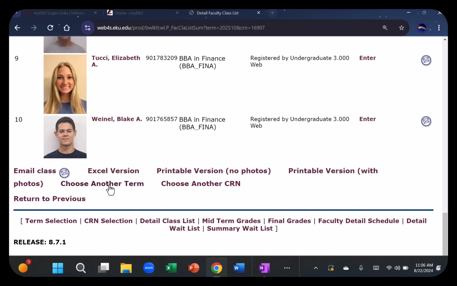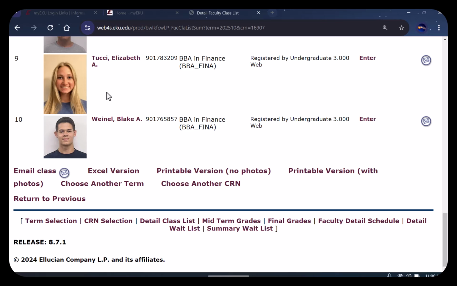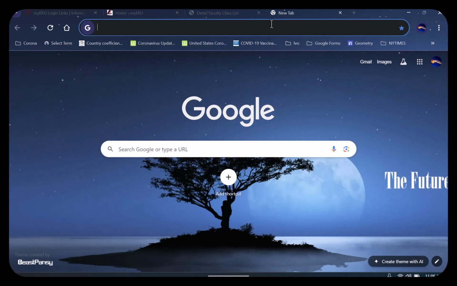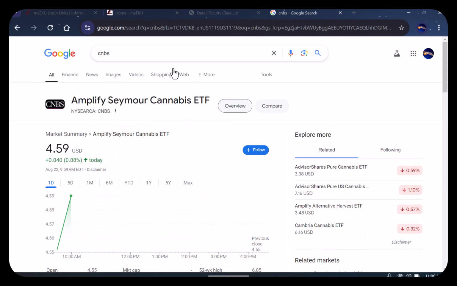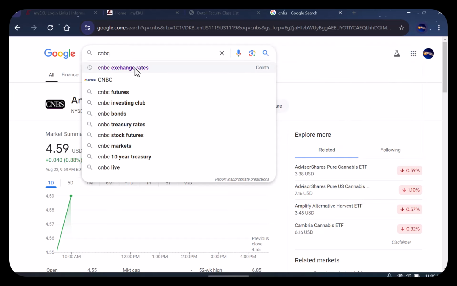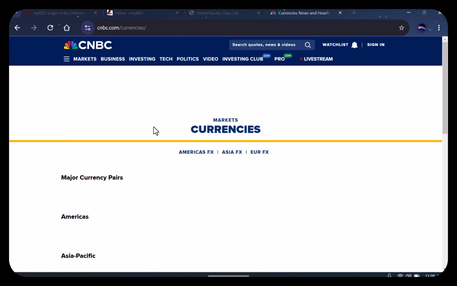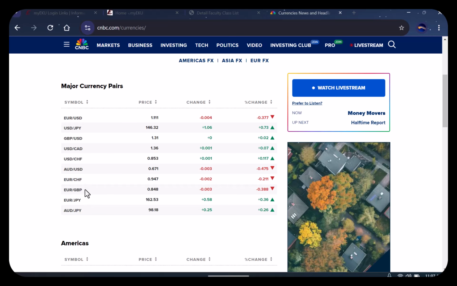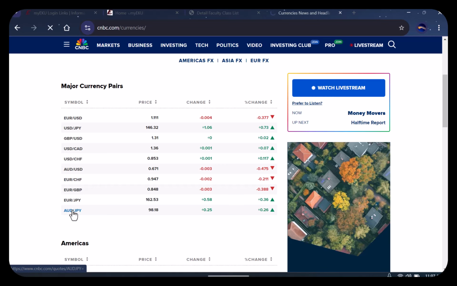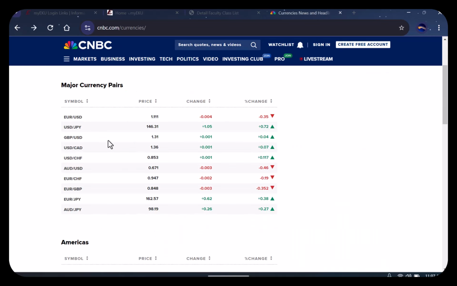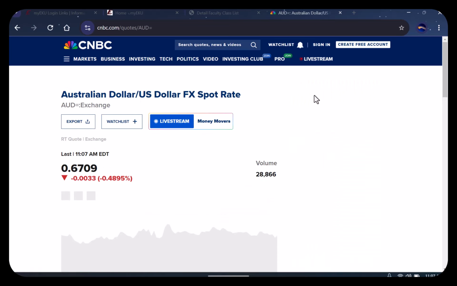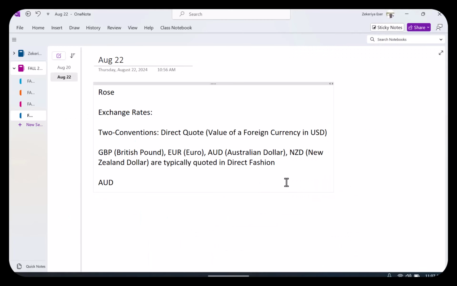For example, let's do Aussie. Whenever we say an exchange rate this way, AUD/USD, that means value of first currency in terms of the second.